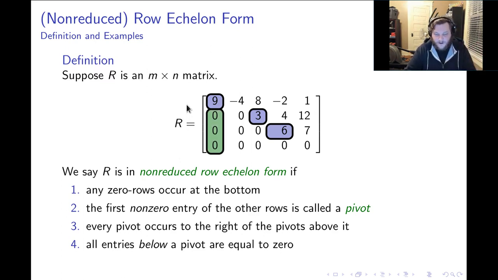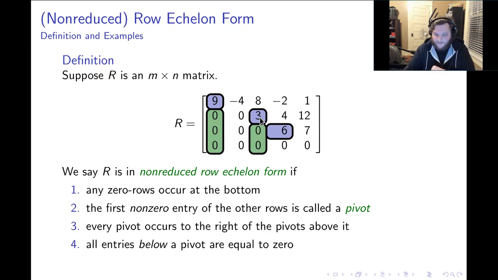Good. If we look at the second pivot in our matrix, it's equal to 3, but again, we don't care because we're not looking for reduced row echelon form. We just want it to be called row echelon form. We have an 8 above it, and that would be bad if we were looking for reduced row echelon form. But in row echelon form, I don't care what's above pivots. I only care that there are zeros below pivots. So below our second pivot we get all zeros.